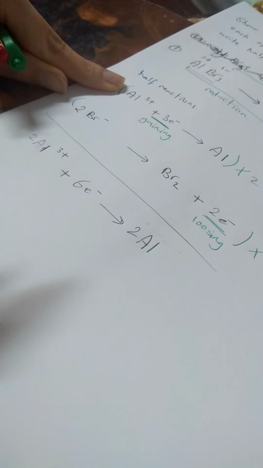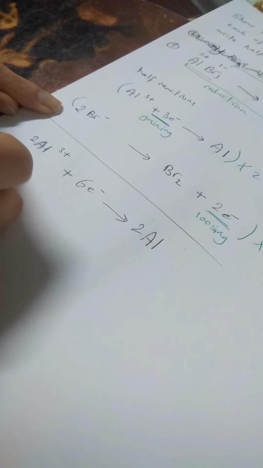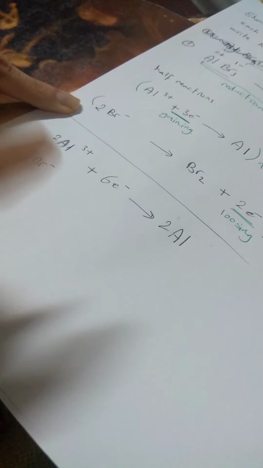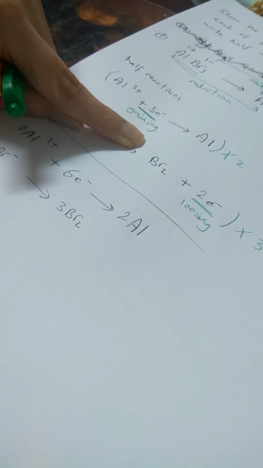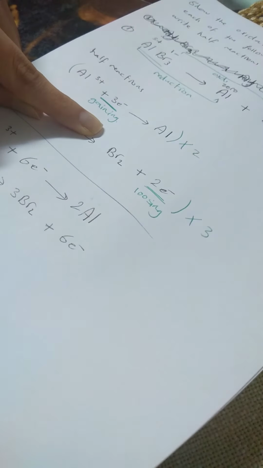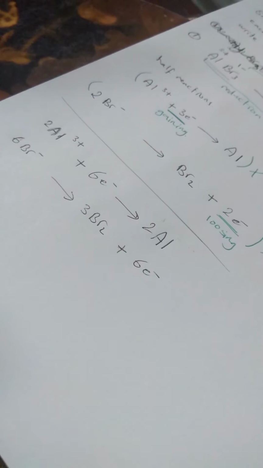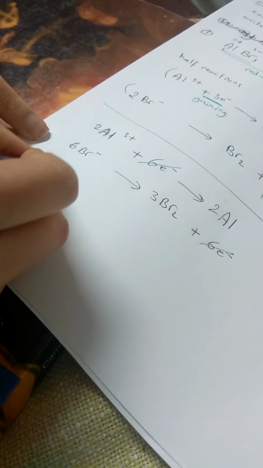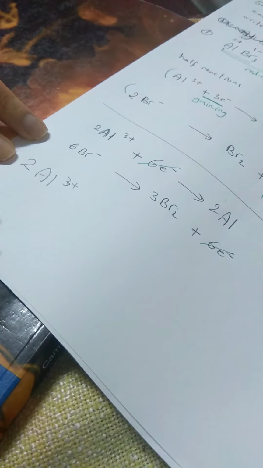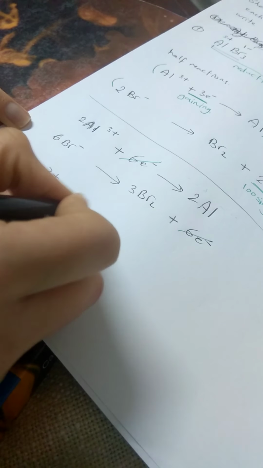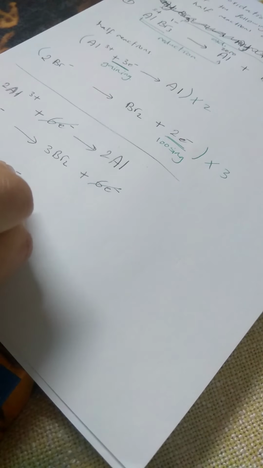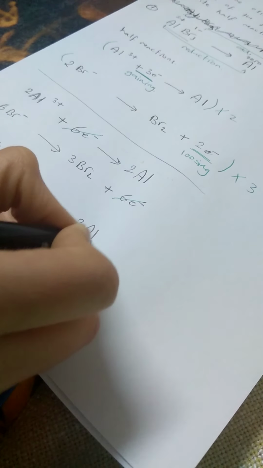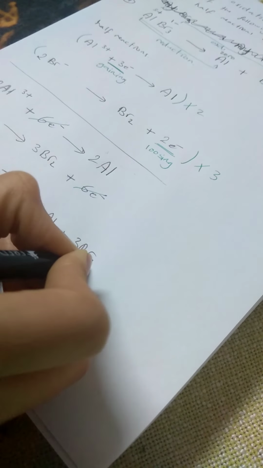2Al. And by multiplying the second one by 3, 3 by 2, we have 6 Br negative giving 3 Br2 plus 6 electrons. 6 electrons with 6 electrons, they cancel each other, so 2Al plus 3 plus 6 Br minus gives 2Al plus 3 Br2.